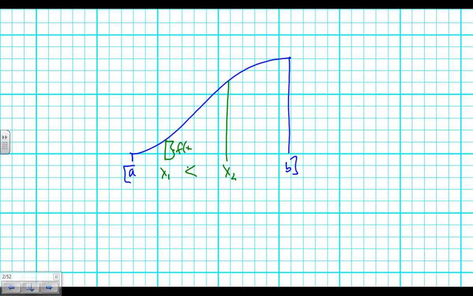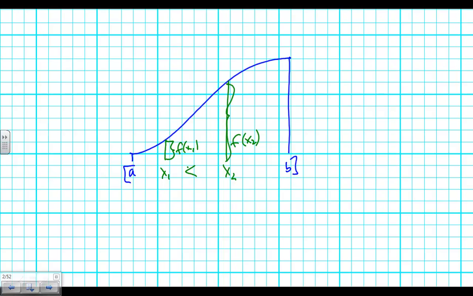We said by definition that a function is increasing from closed A to closed B if for any x sub 1 and any x sub 2, where x sub 1 is lower than x sub 2, with x sub 1 on the left-hand side and x sub 2 on the right-hand side, f of x sub 1 has to be less than f of x sub 2.